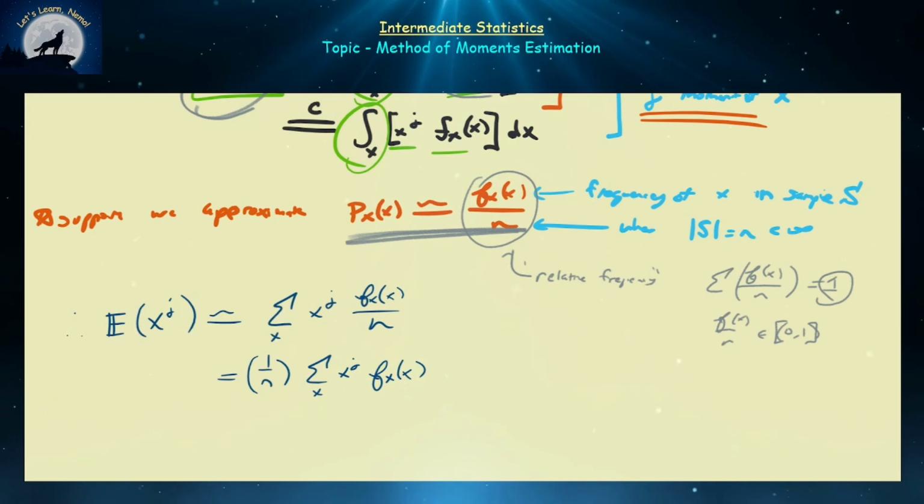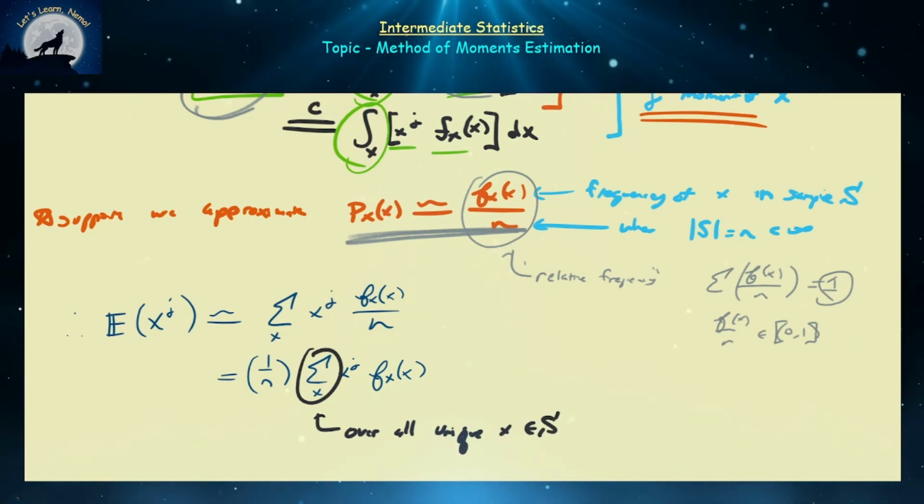And keep in mind what the sum ranges over. The sum is over all unique x inside of your sample. So technically speaking, we can range that sum from k equal to 1 to n if we treat all of them as distinct, or we even ignore the repetition of elements if they happen to have a frequency bigger than 1.